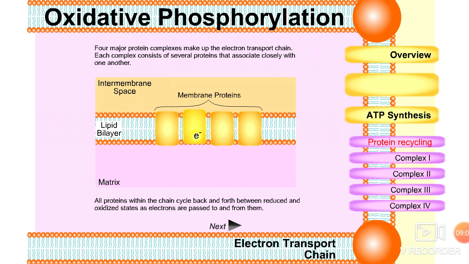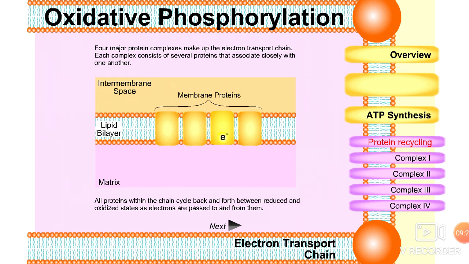Here, in this animation of the electron transport chain, 4 major protein complexes make up the electron transport chain. Each complex consists of several proteins that are associated closely with one another.